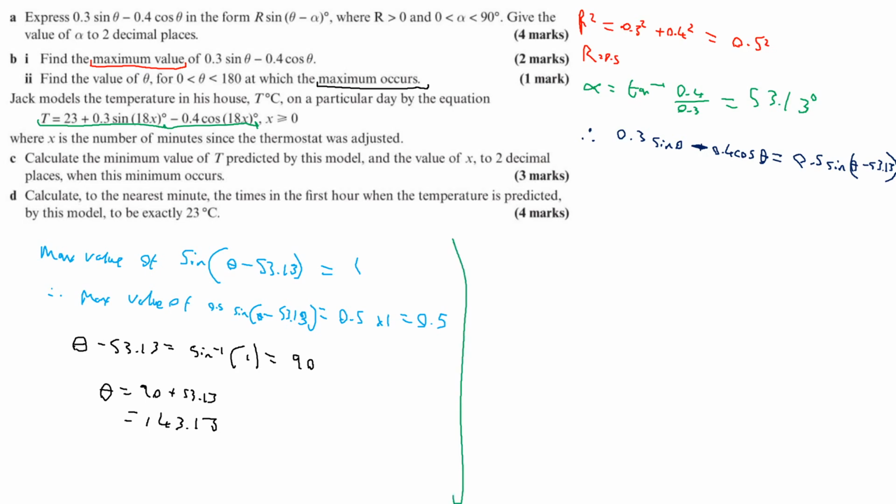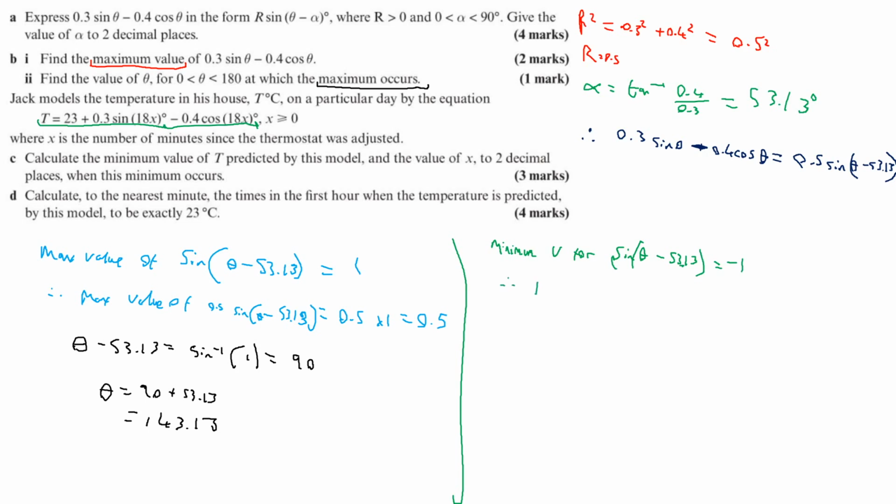Well, what is the minimum value for sine (theta minus 53.13)? Exactly, it's -1.